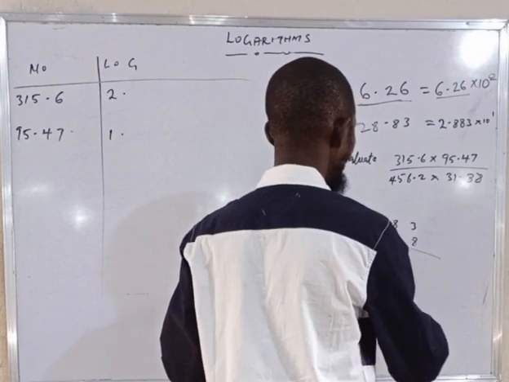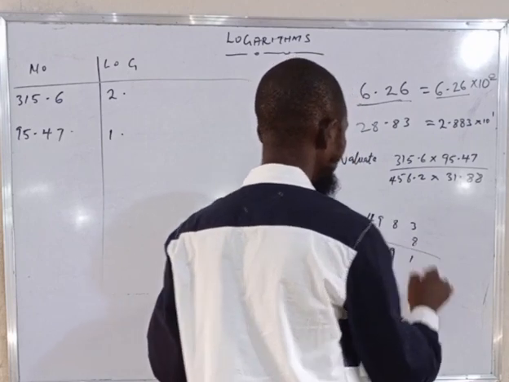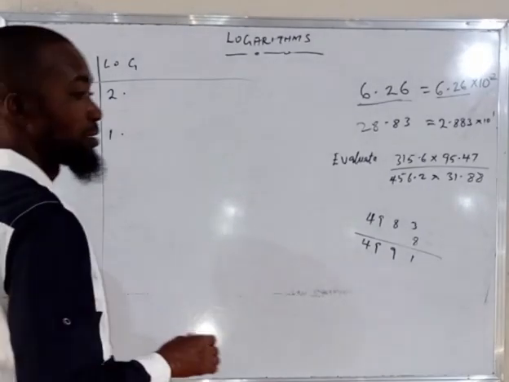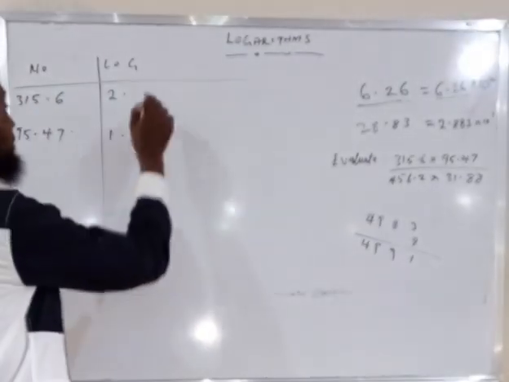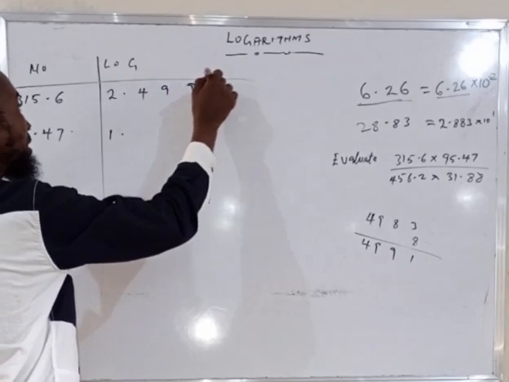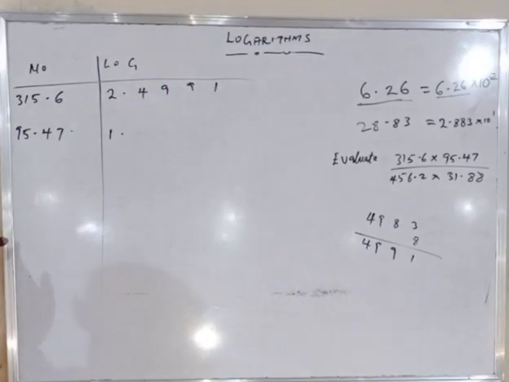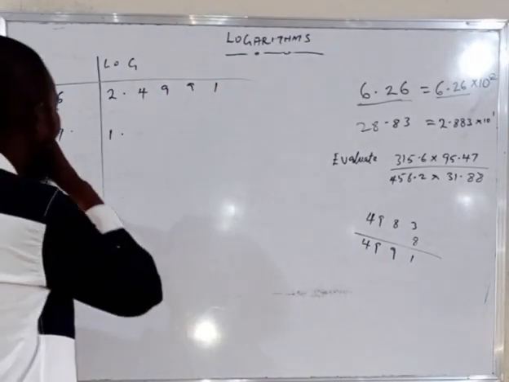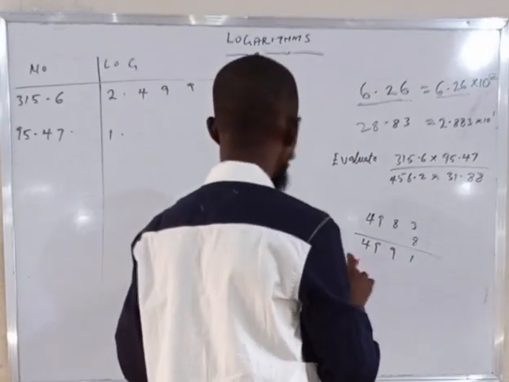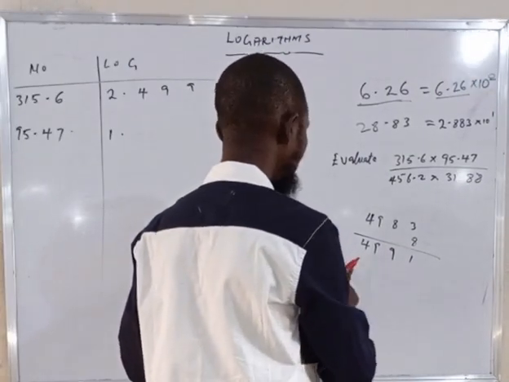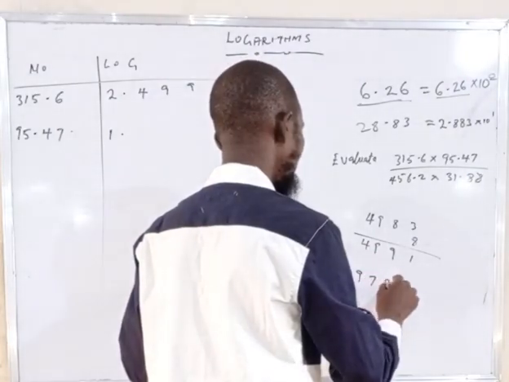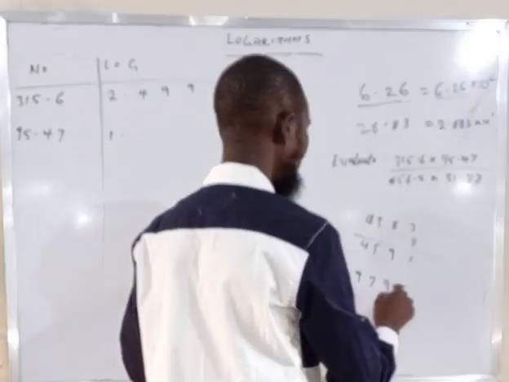So this one will be 4991, right? All right, so I can see that boy is not in this class anyway. Don't worry, that's why we are making the video. Go and rewatch it. All right, 95 under 4 is what? 95 under 4. 9795. Difference 7.